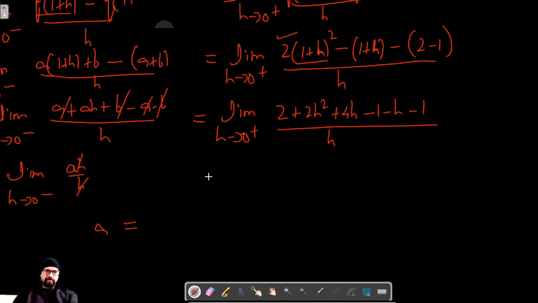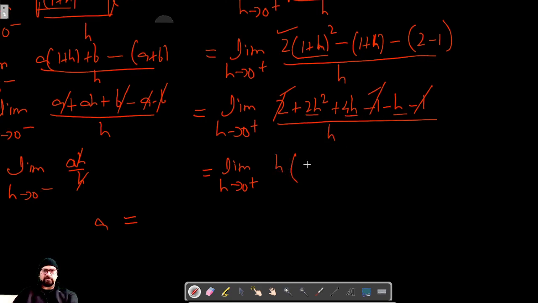And finally, we have its limit h tends to 0, positive. 2 minus 1 is 1, so this gets cancelled with 1. And finally, we have 2h squared plus 4h minus 1. Let's take h common. So this is 2h plus 4 minus 1 upon h, and h gets cancelled.